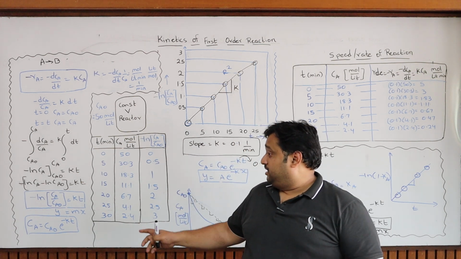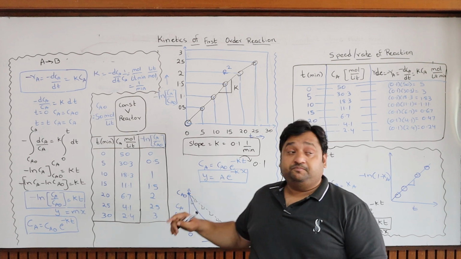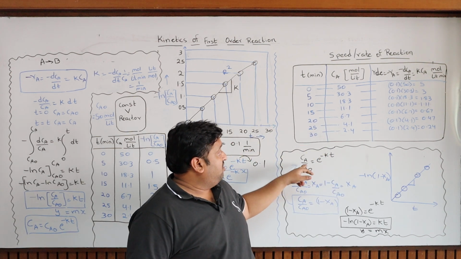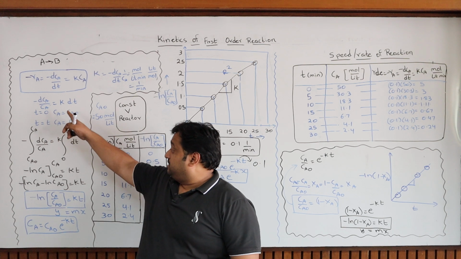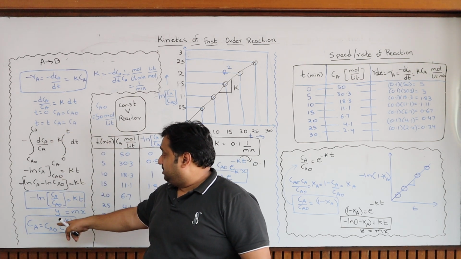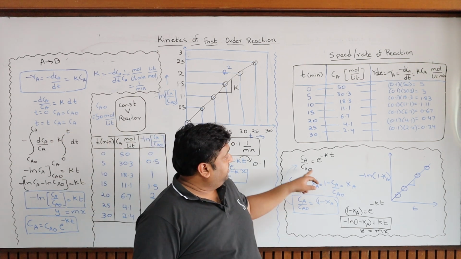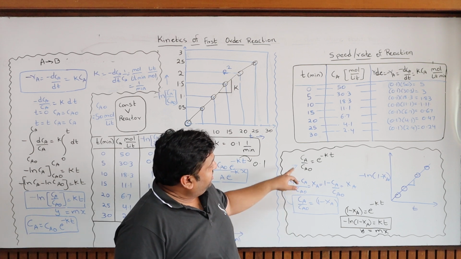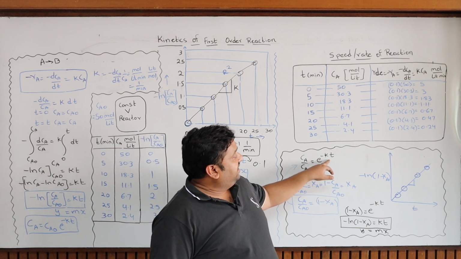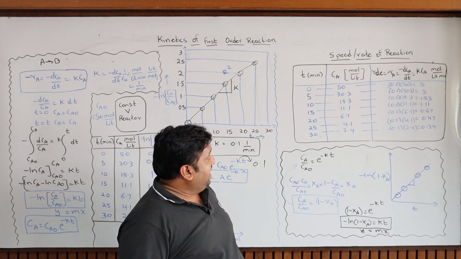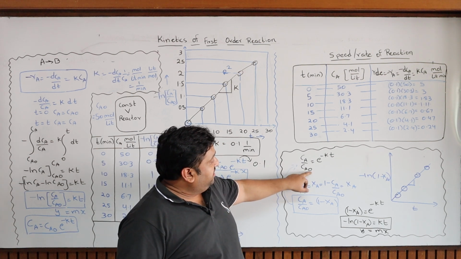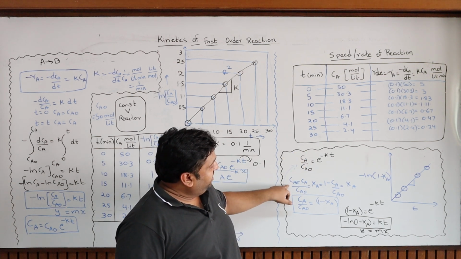Okay, let us go to the next stage, which is conversion. Here we have discussed everything in terms of concentration; now we will discuss everything in terms of conversion. I know Ca by Ca0 is equal to e power minus k into t. Now let us reformulate this equation into conversion.